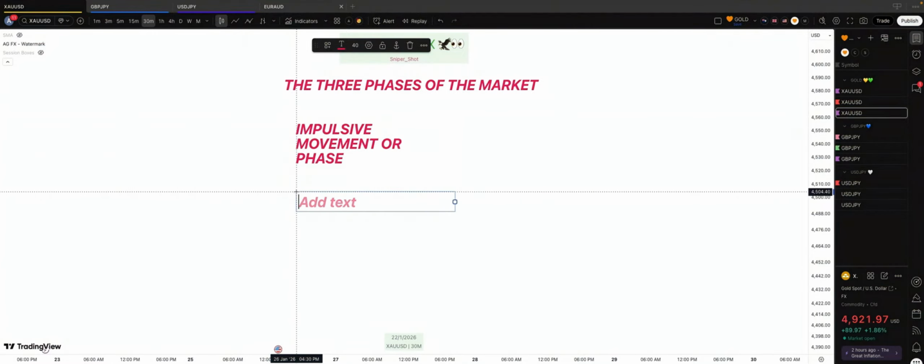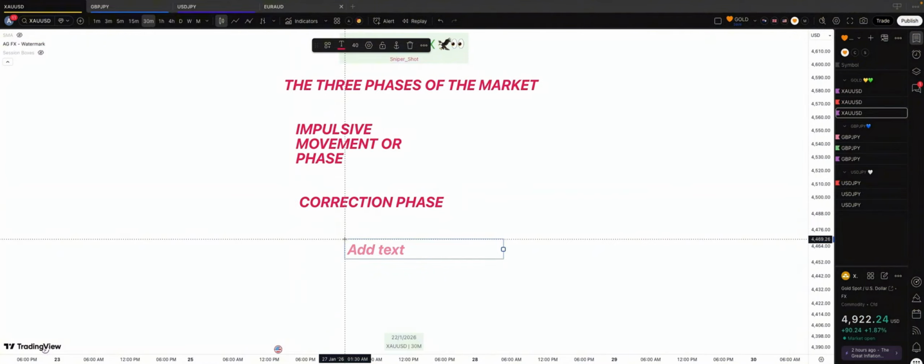The next one is correction phase, and the third one is continuation phase.